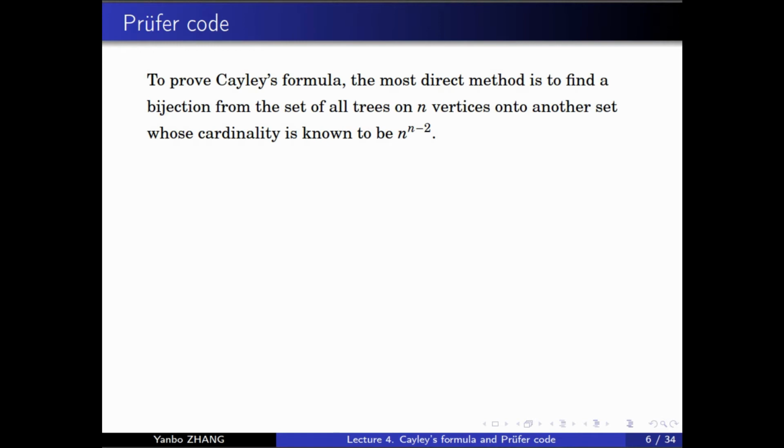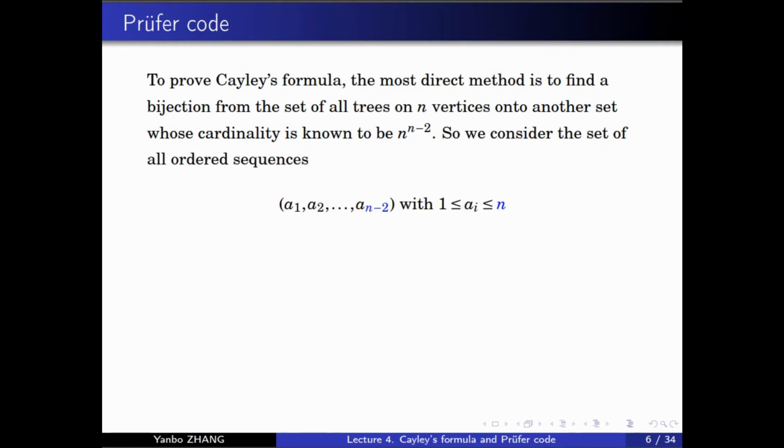There are some different proofs to the formula. The first one is using the Prufer code. To prove Cayley's formula, one direct method is to find a bijection, a one-to-one correspondence from the set of all trees on n vertices onto another set whose cardinality is known to be n to the n minus 2.